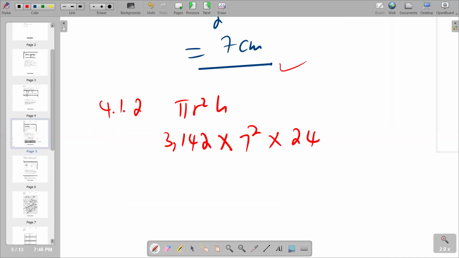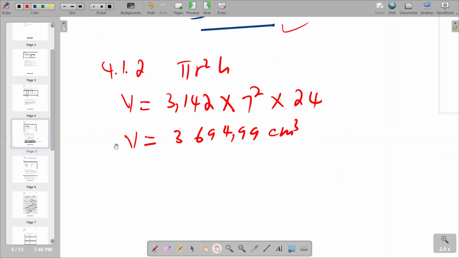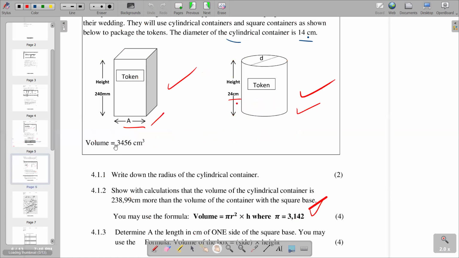And then if you multiply, the volume becomes 3,694.99 to 2 decimal places, cubic centimeters. Then we find the difference between this volume that we have minus the volume that we are given here of 3,456 cubic centimeters.